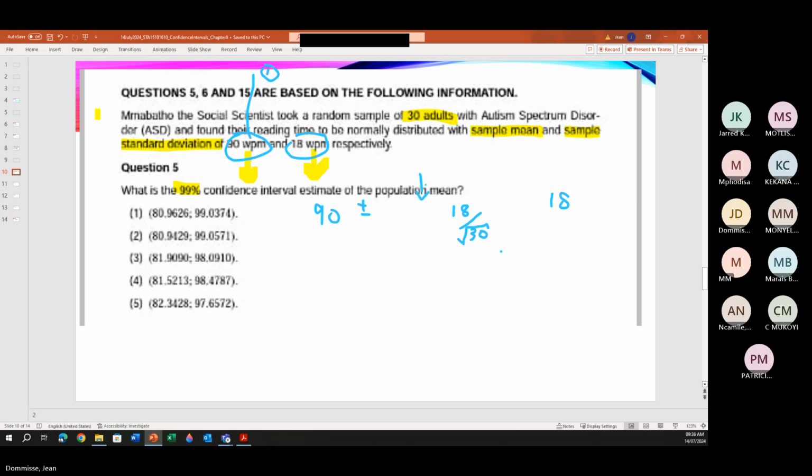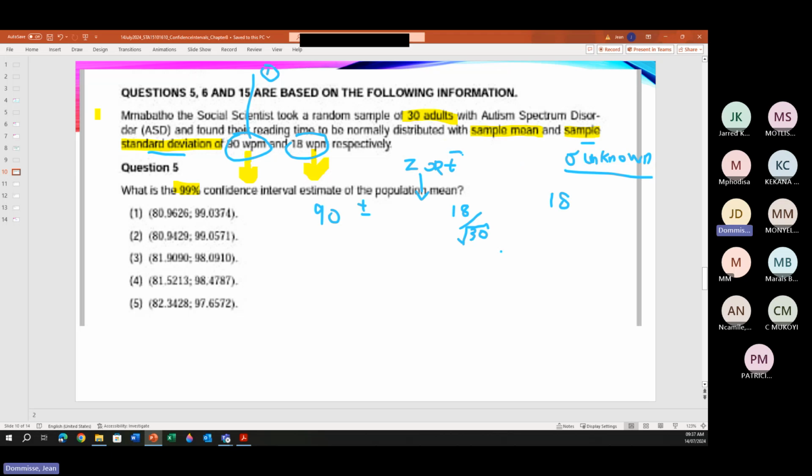But Z or T? Okay, so sample standard deviation tells me that your standard deviation is unknown. Because it's not a population, it's a sample, so standard deviation is unknown.